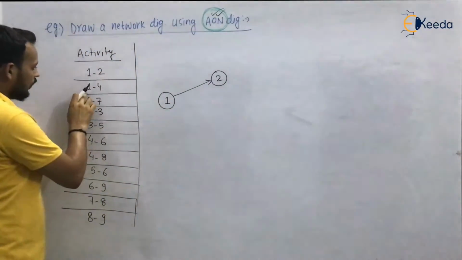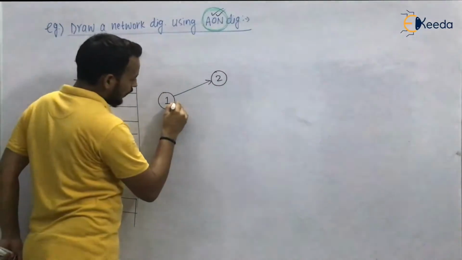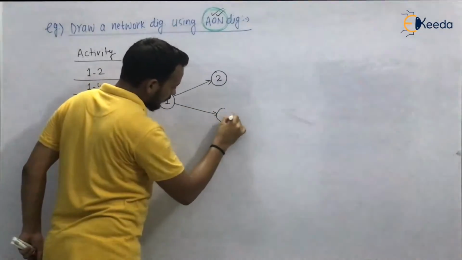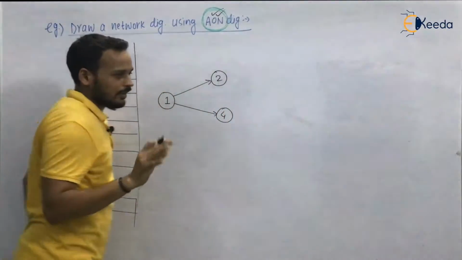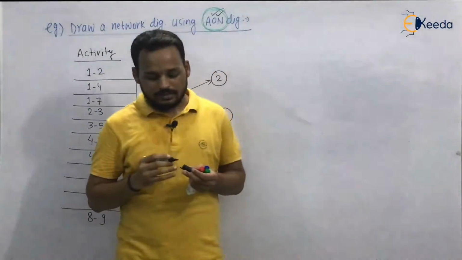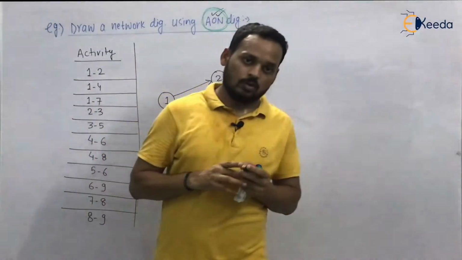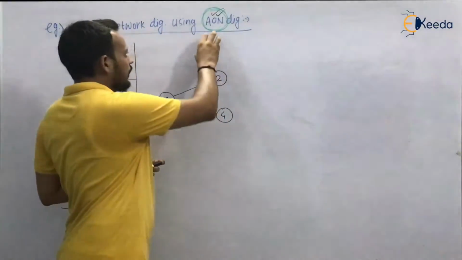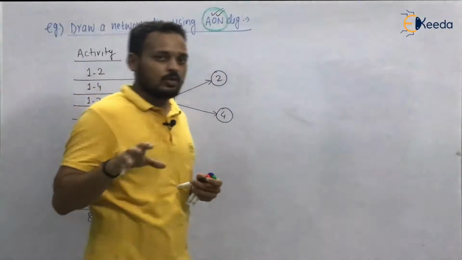Then 1 and 4, like this. It is very simple. Activity on node is always much simpler than activity on arrow.